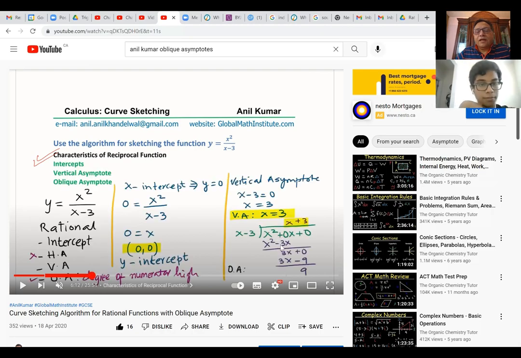Okay. x squared divided by x minus 3. Now, when you divide x squared by x minus 3, it is important to put placeholders. Do you see I put 0x and 0, right? These two terms. I'm dividing x squared by x minus 3.